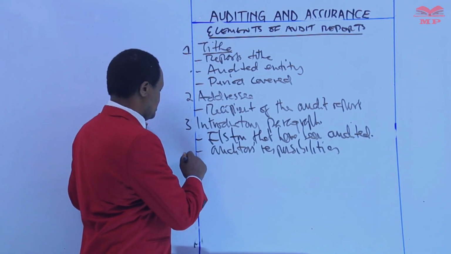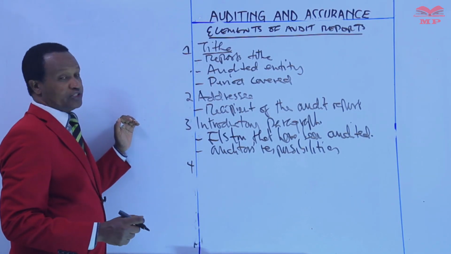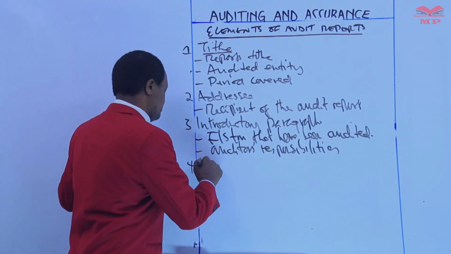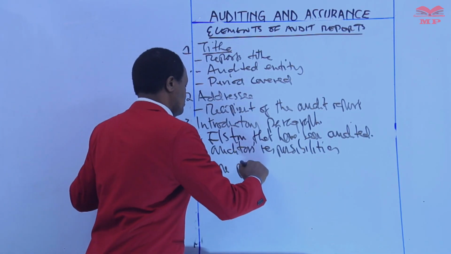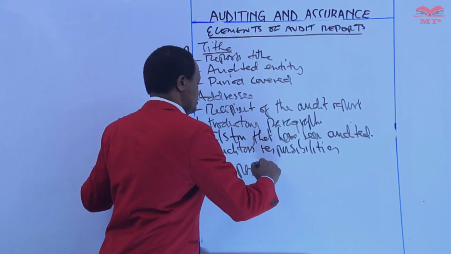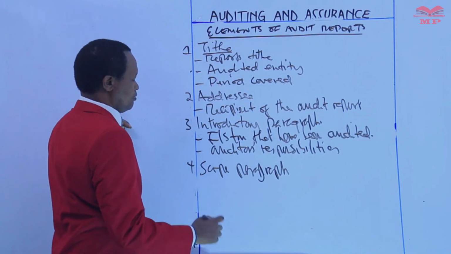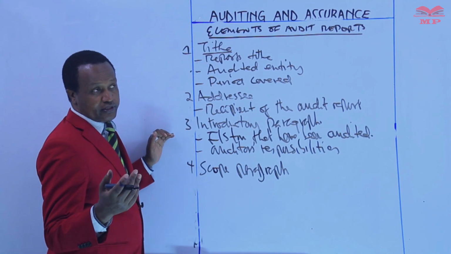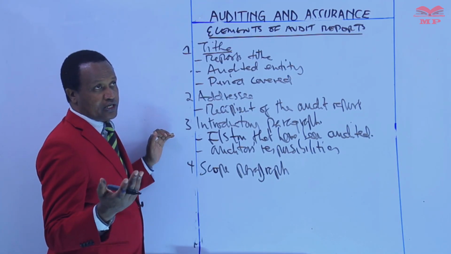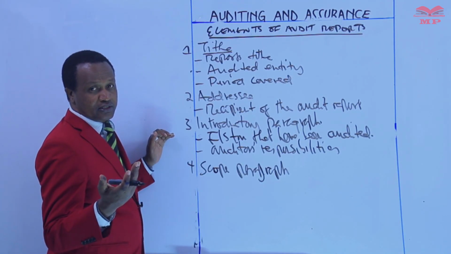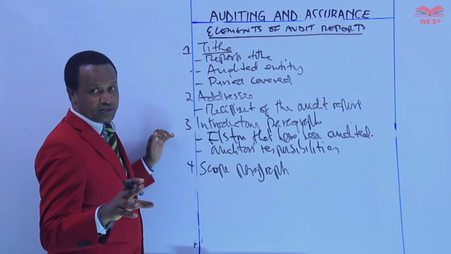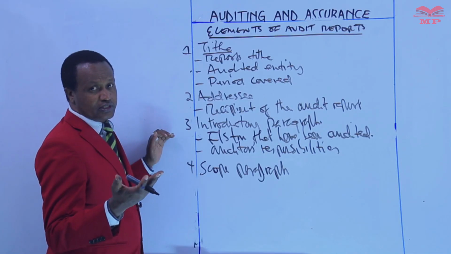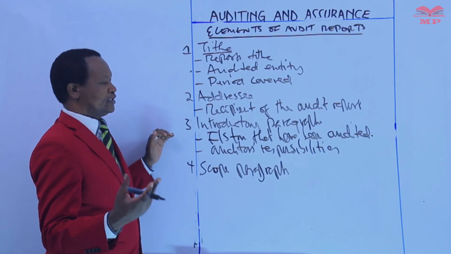Then there is a section or an element in the audit report which is the scope paragraph. Now, the scope paragraph outlines the scope of the audit, including the auditing standards that are followed, the procedures performed, and so on.